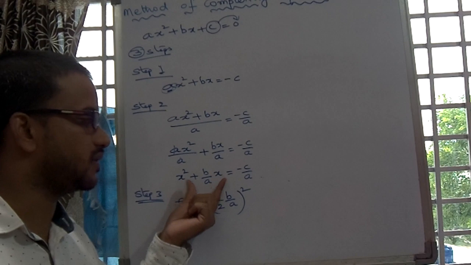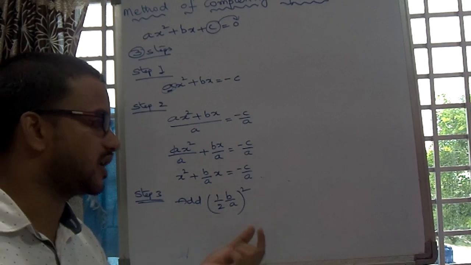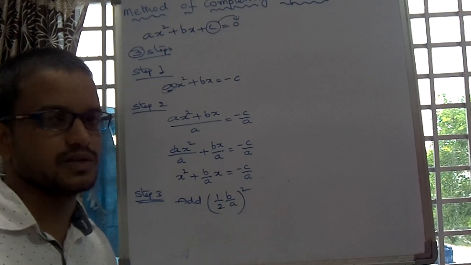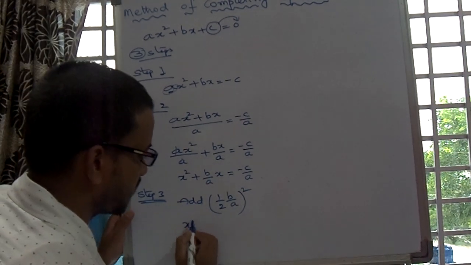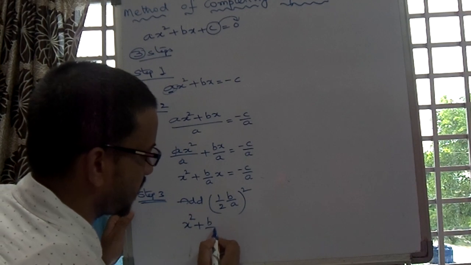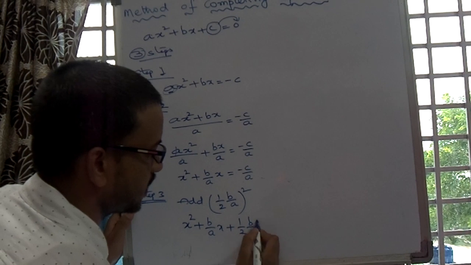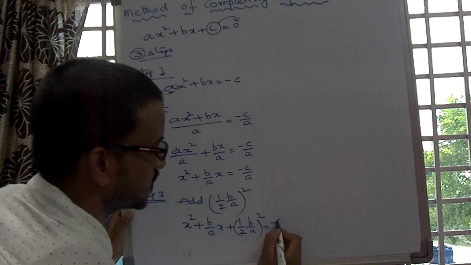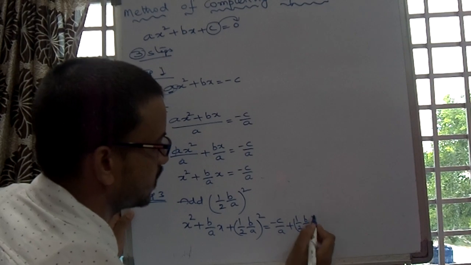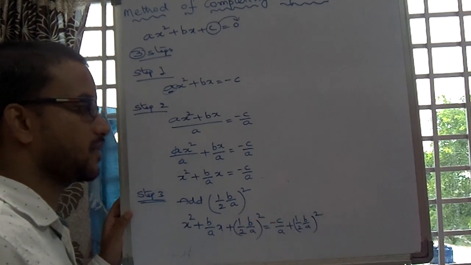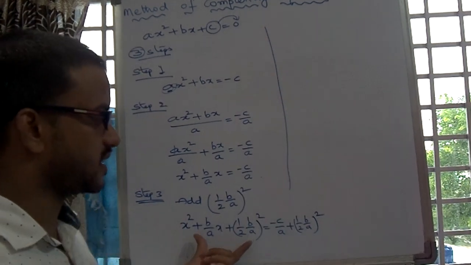That's why we have to add this 1 by 2 b by a whole square, or you can remember this as b by 2a whole square also. After adding this, the above equation becomes x square plus b by a x plus 1 by 2 b by a whole square, which is equal to minus c by a plus 1 by 2 b by a whole square.